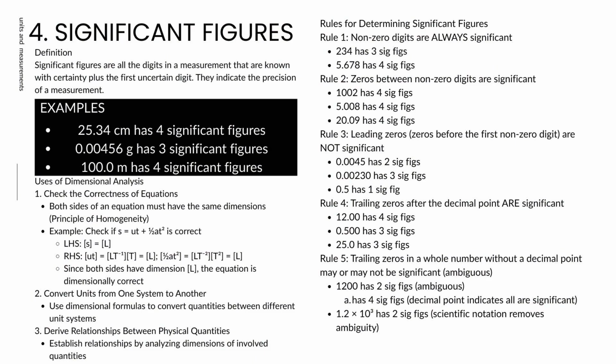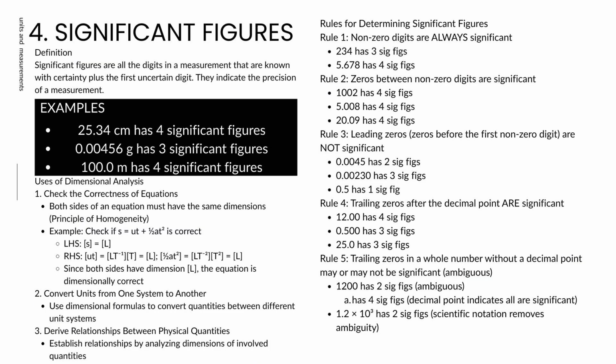Rules for determining significant figures. Non-zero digits are always significant. Zeros between non-zero digits are significant. So, for example, 1002 has 4 significant figures because the zeros are encapsulated, inside non-zero digits. Rule 3. Leading zeros before the first non-zero digit are not significant.